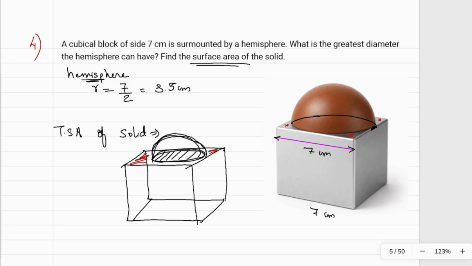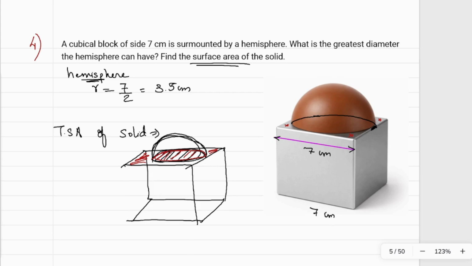First we find the entire area of the cubical part, the total TSA of this cube, plus the CSA of the hemisphere. The hemisphere has a circular base. That region we need to deduct from the entire area. Then we will get the remaining, the entire total surface area of this figure.